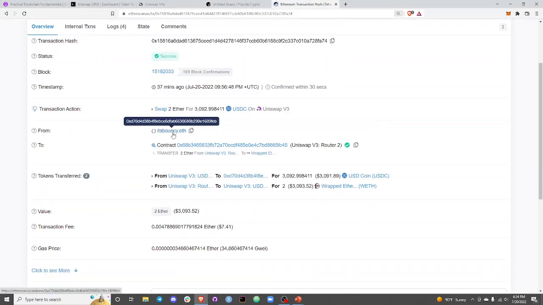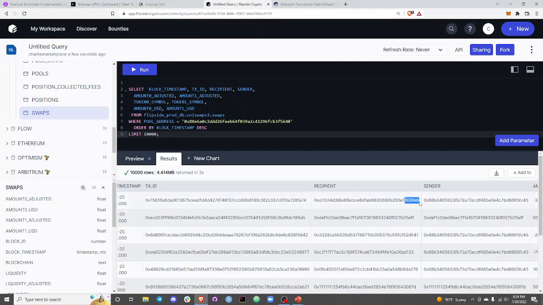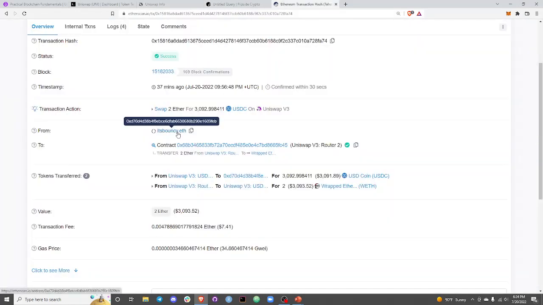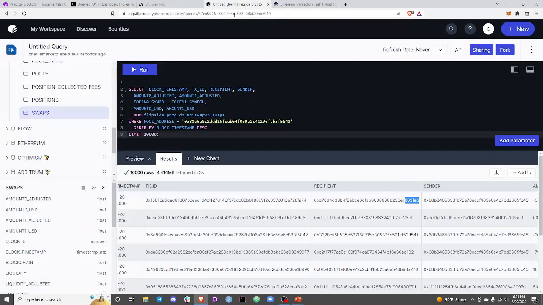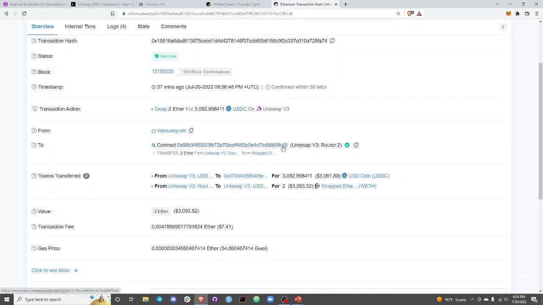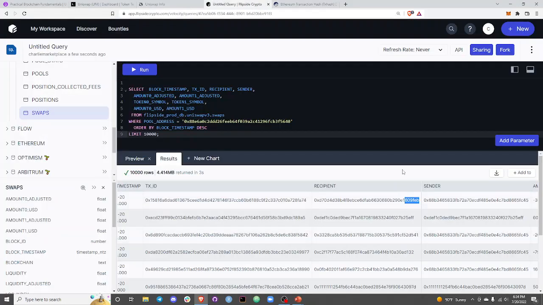So from is somebody's ENS, it ends in FEB. So recipient FEB. And let's see what sender is. Sender is C45. Yes, I'll pick the router. Okay, so this is the person, they called a router and they made their trade.